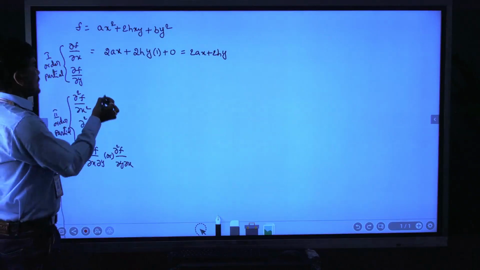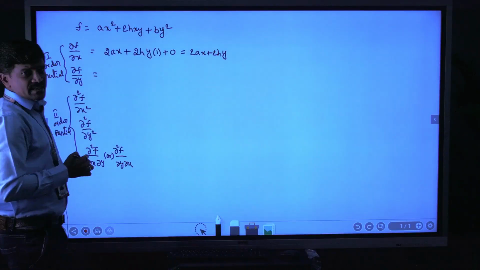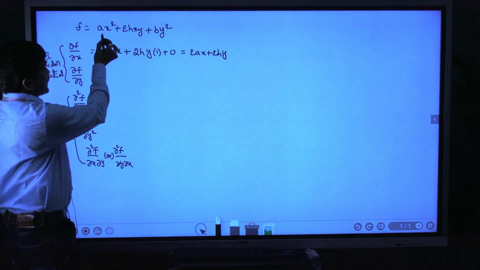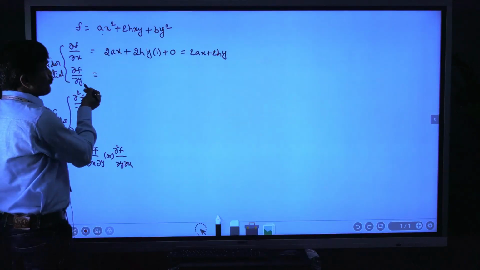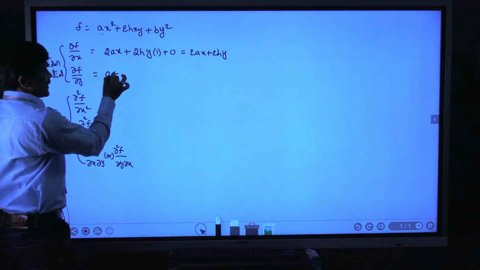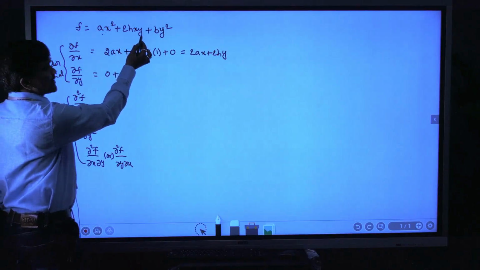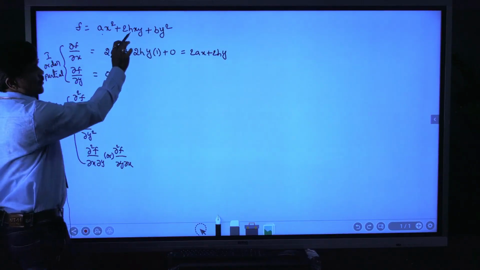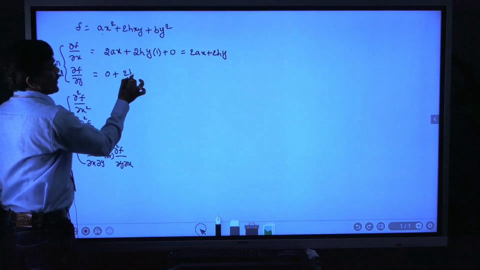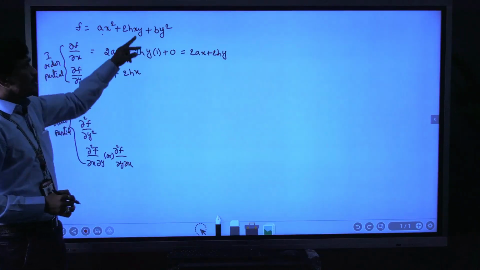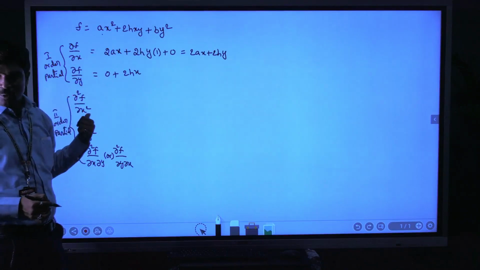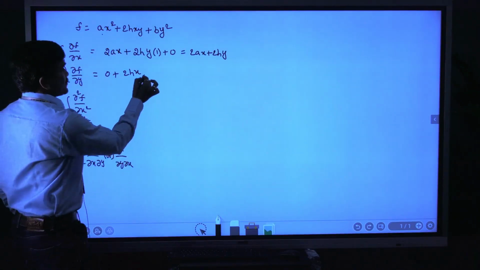Right? Now what is dou f by dou y for the same function? Here ax square with respect to y is a constant, so the derivative is 0. Then 2hxy with respect to y: 2hx is constant, and the derivative of y with respect to y is 1.